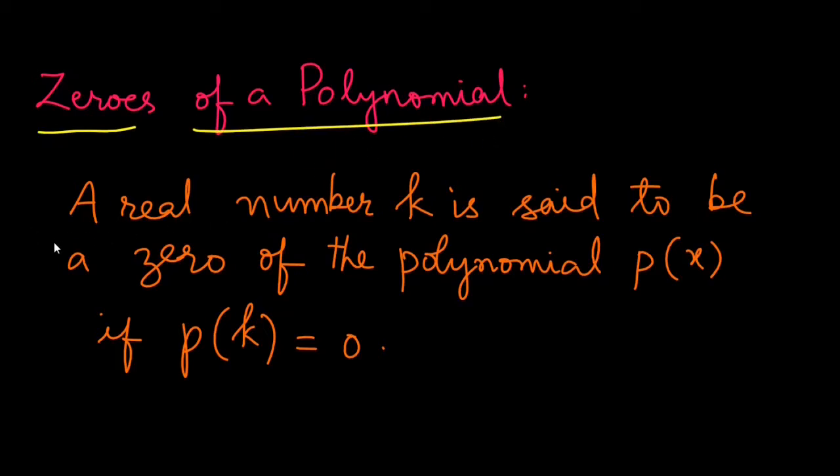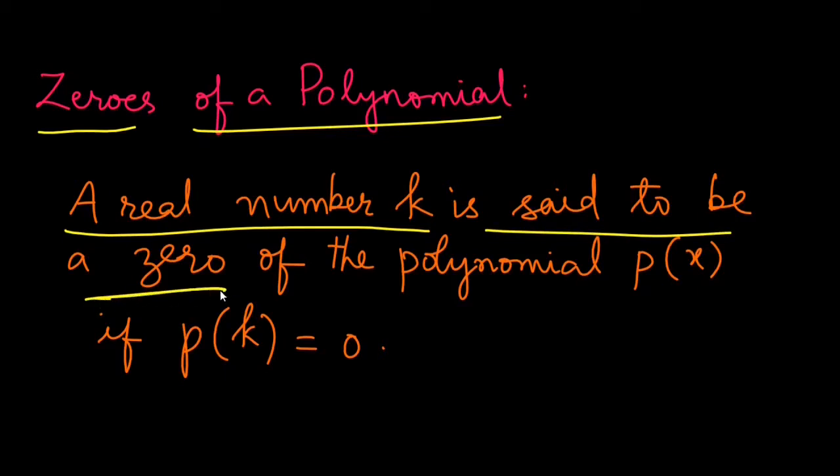What is zero of a polynomial? A real number k is said to be zero of a polynomial p of x if p of k is equal to 0. So there is a polynomial p of x.